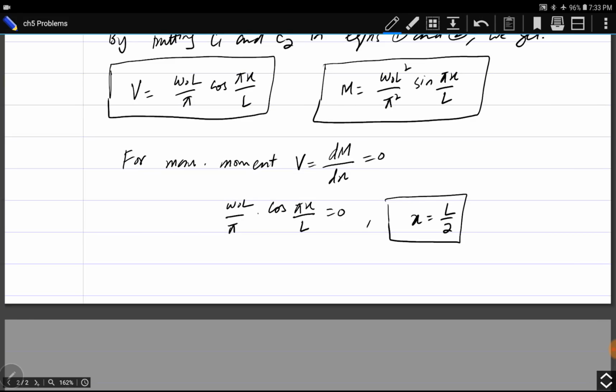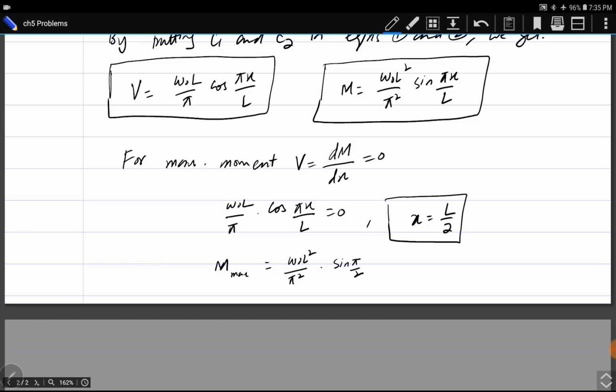So the maximum moment will be M maximum equal to W naught L square over pi square into sine of pi by 2.